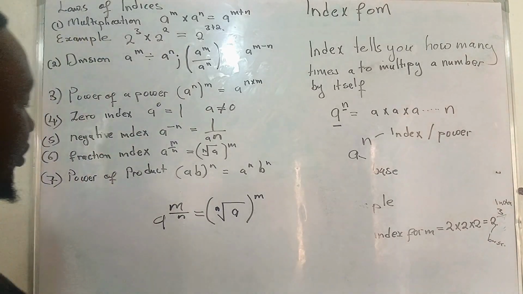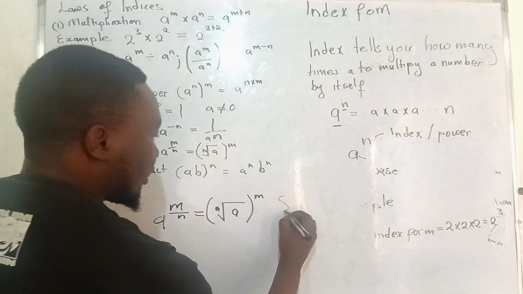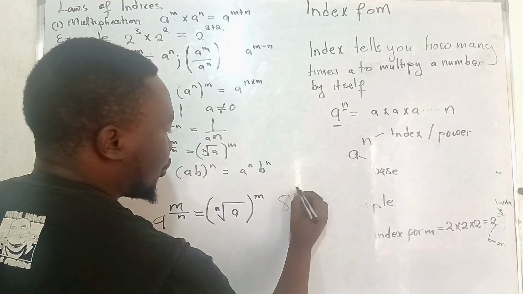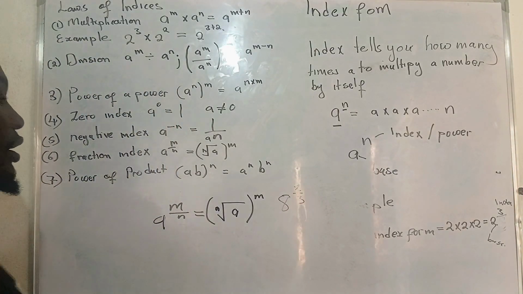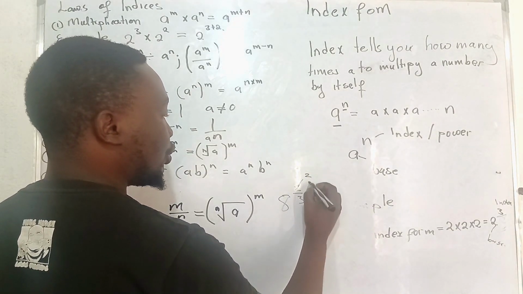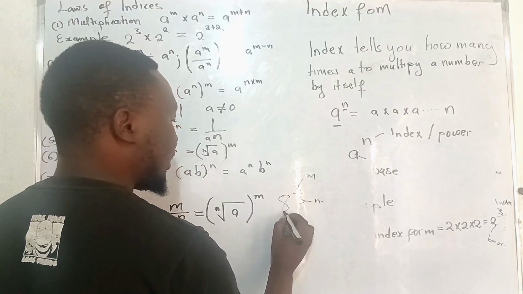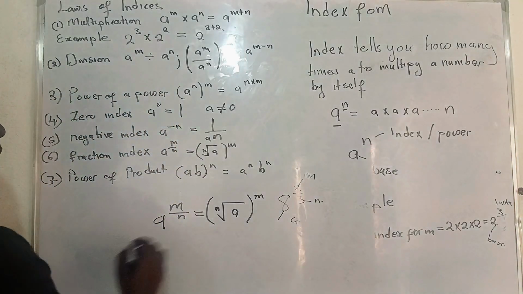So for example, you can have 8 to the power 2 over 3. In this case, m is represented by 2, this represents m, this represents n, and this represents a. We put into our formula.